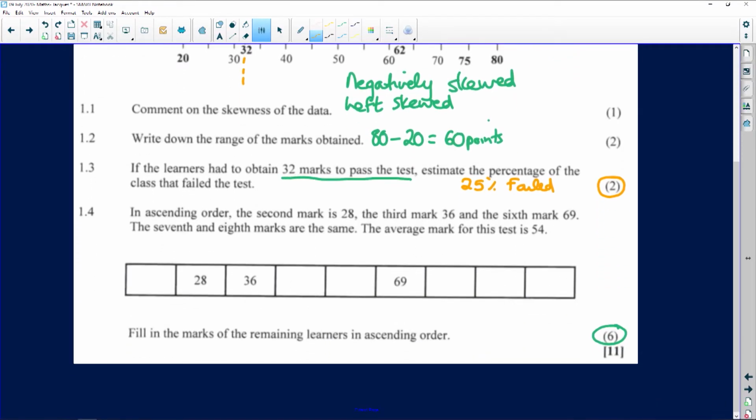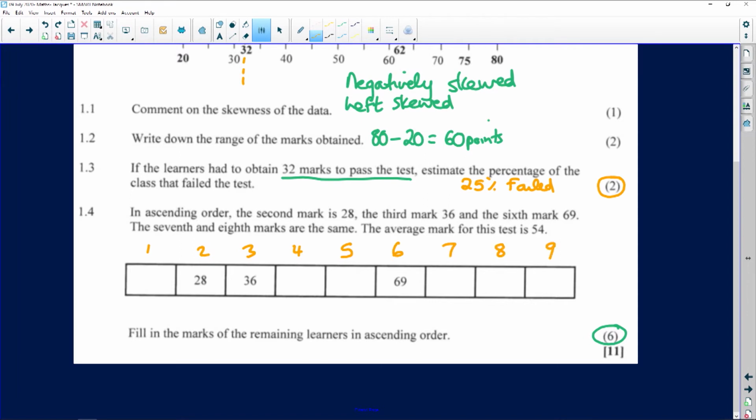This is the nice pork chop that I'm getting to, question 1.4. It says, in ascending order, the second mark is 28, the third mark is 36, then the 6th mark is 69. So let's number 1, 2, 3, 4, 5, 6, 7, 8, 9.